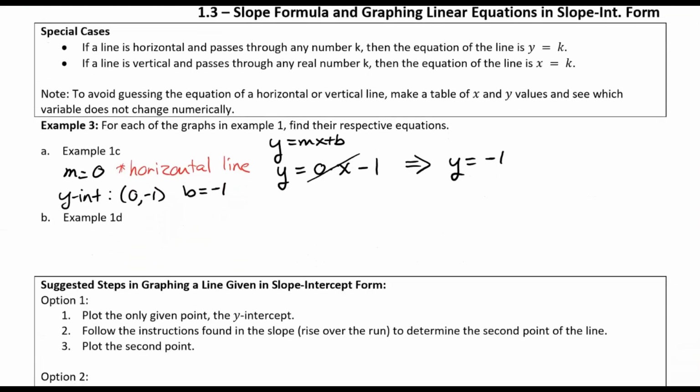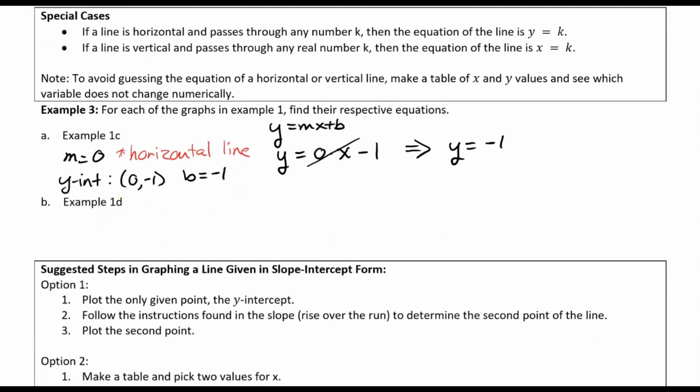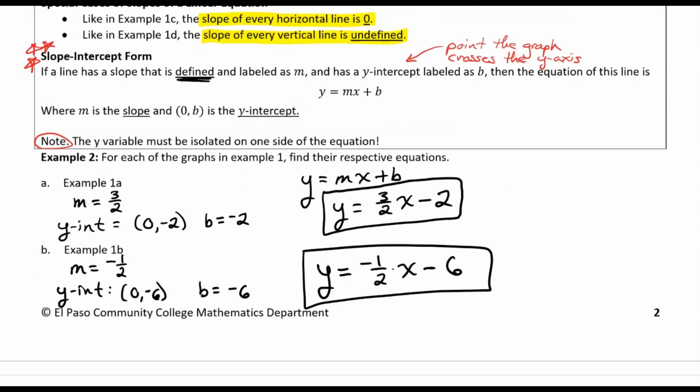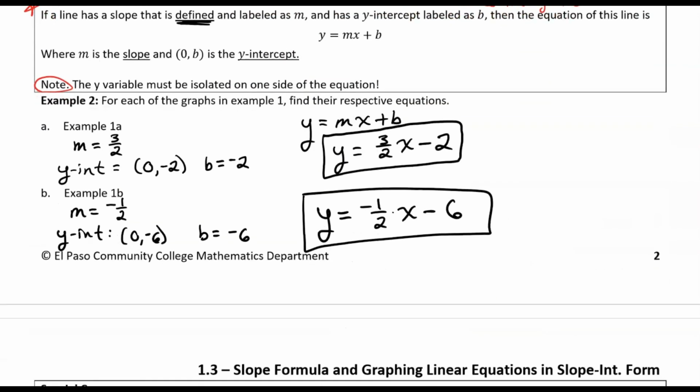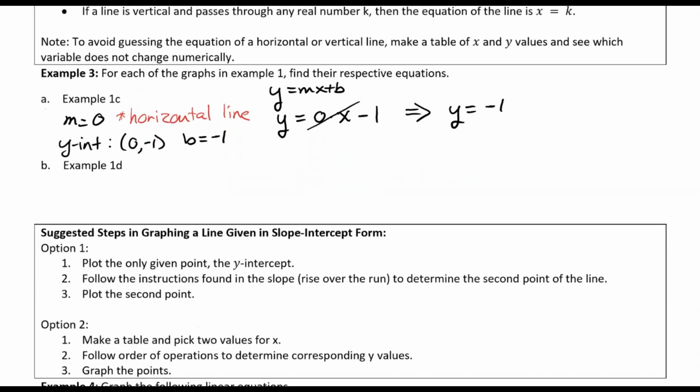Now, what about example 1d? What about this case, the vertical line case? What did we say was unique about the slope of that one? Well, on the vertical line, our slope is undefined. So this m value is undefined.